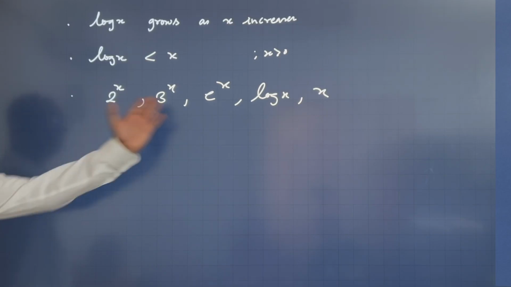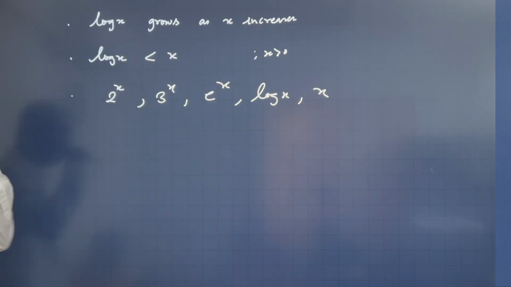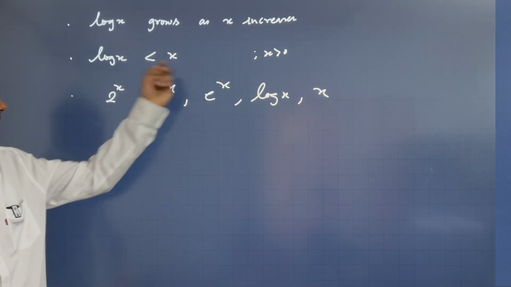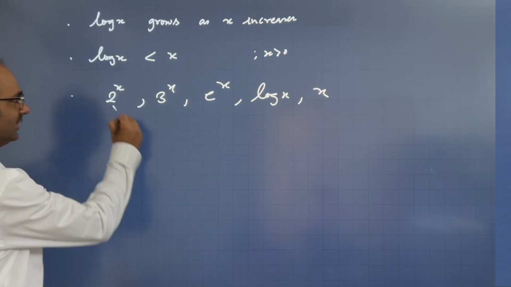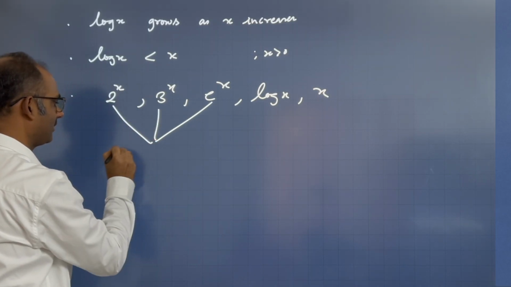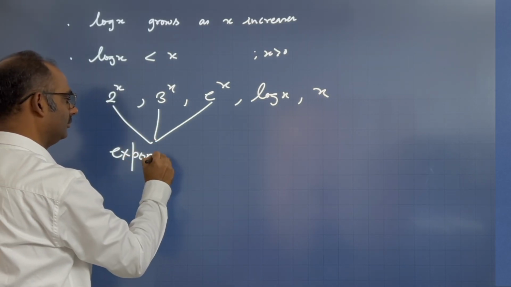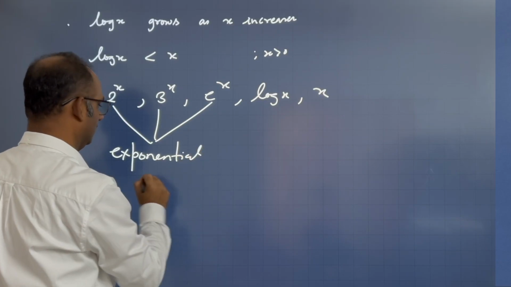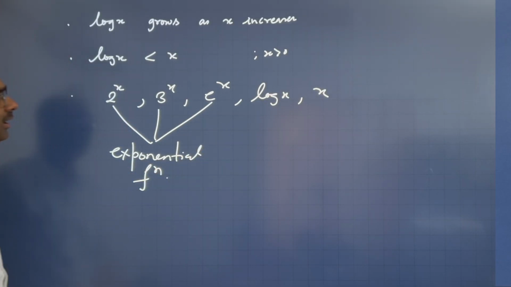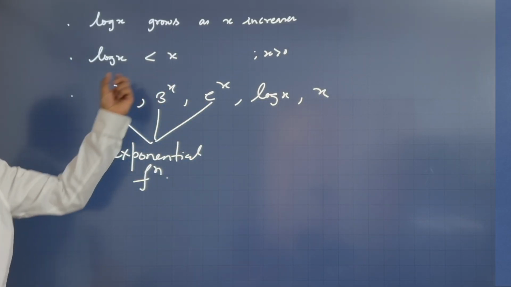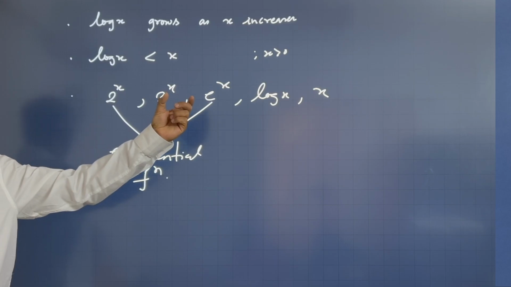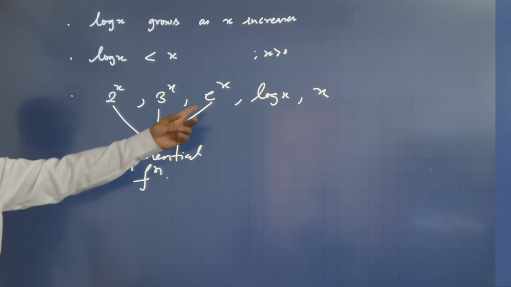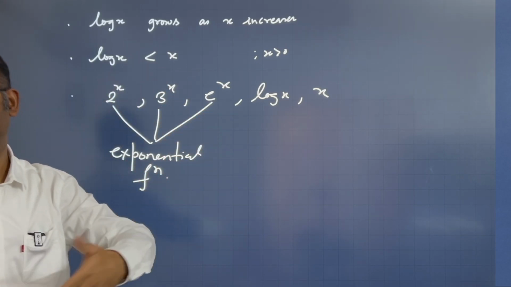How all this compares with each other. So let's start first with the exponential functions. These are all exponential functions, right? So they will all behave similarly. I will tell you later why, but you know, right?